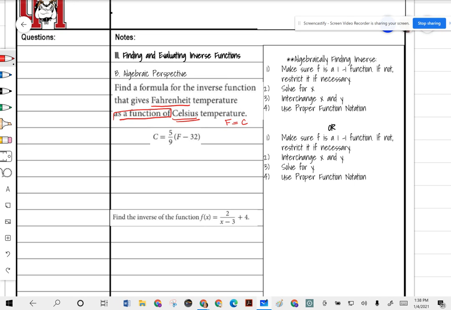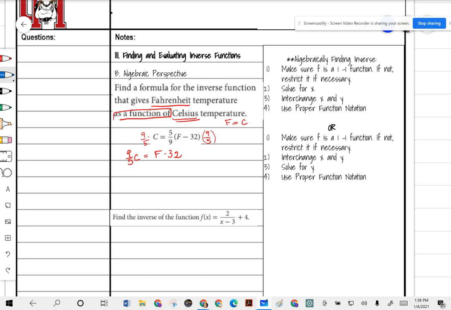In other words, I need to be able to solve for F. So the first thing I'm going to do from an algebraic standpoint is multiply both sides by 9/5. When I do that, I get 9/5 C is equal to F minus 32.